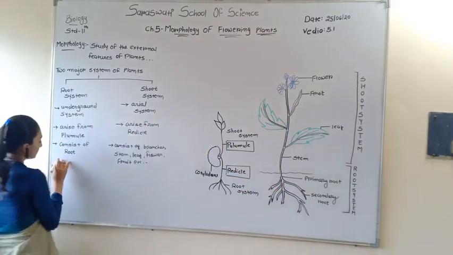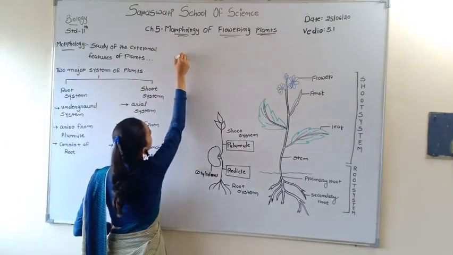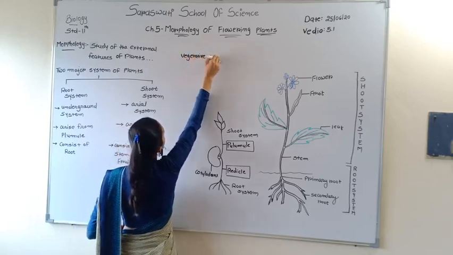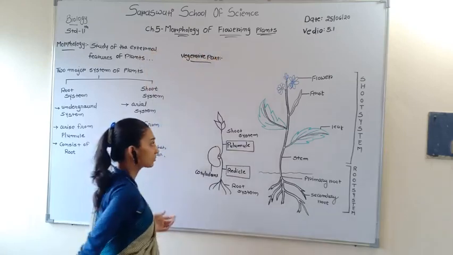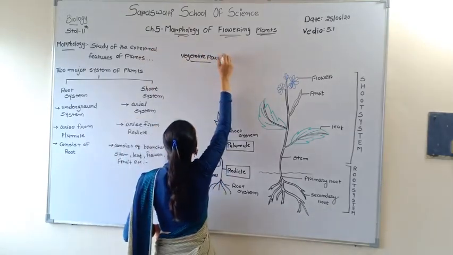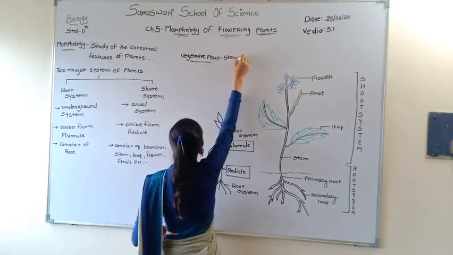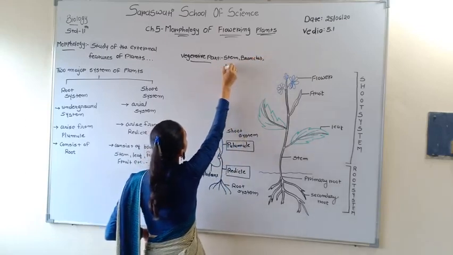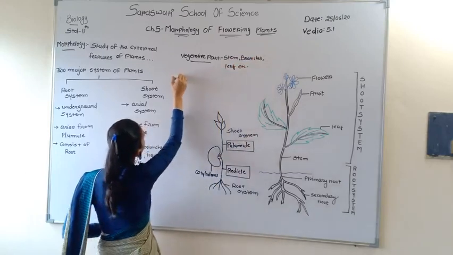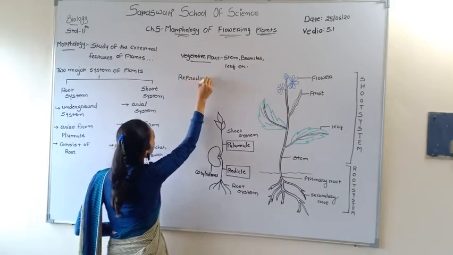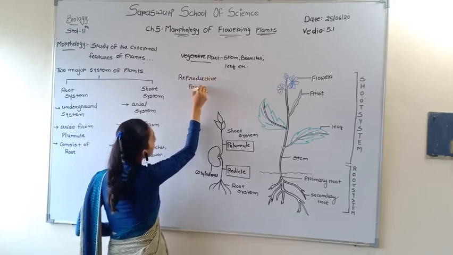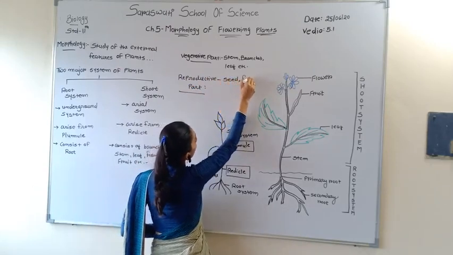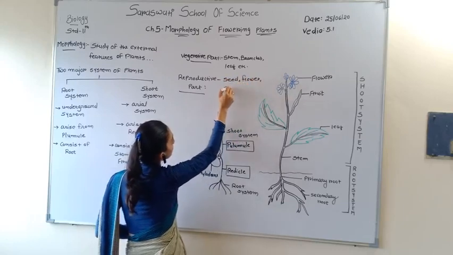The vegetative parts of the plant are the stem, branches, leaf, etc. And the reproductive parts of the plant are the seed, flower and fruit.